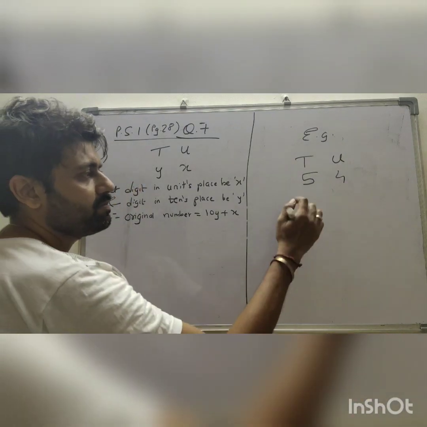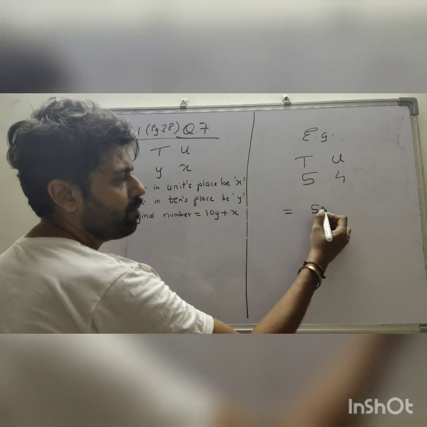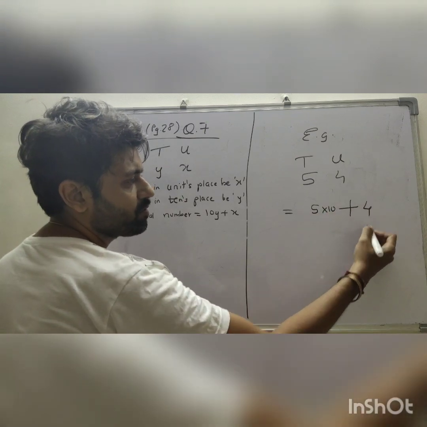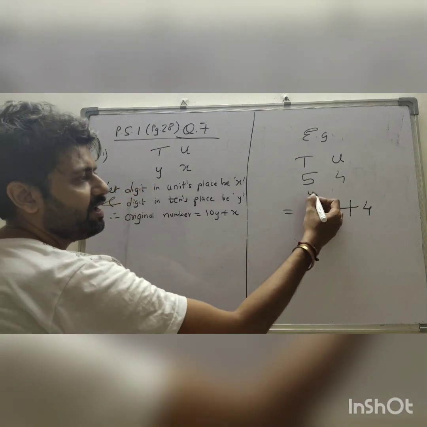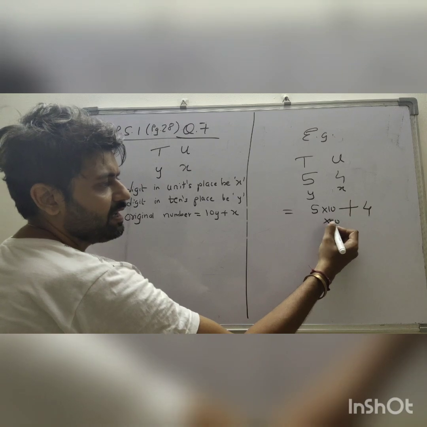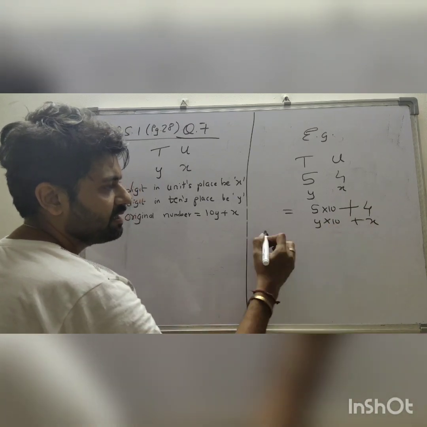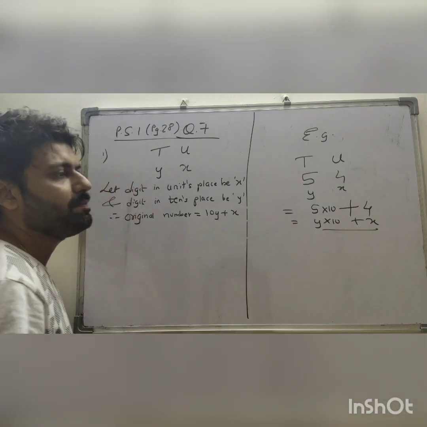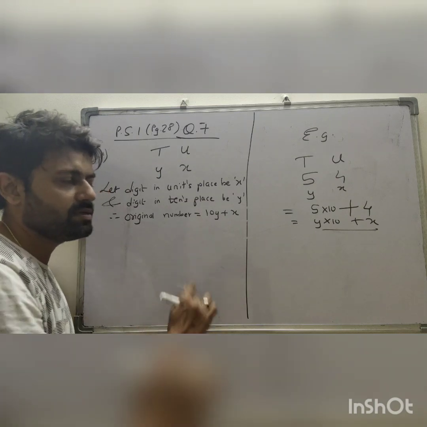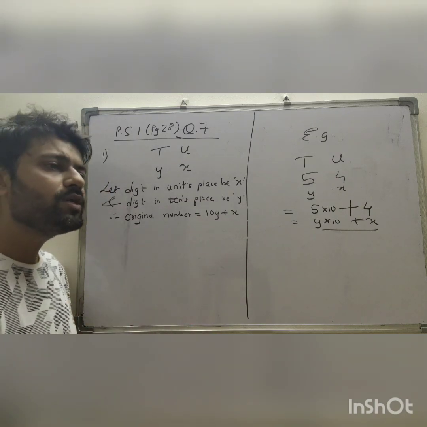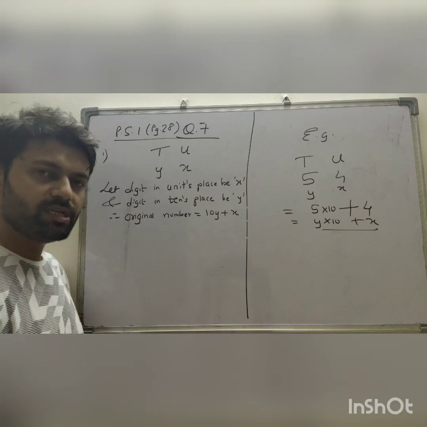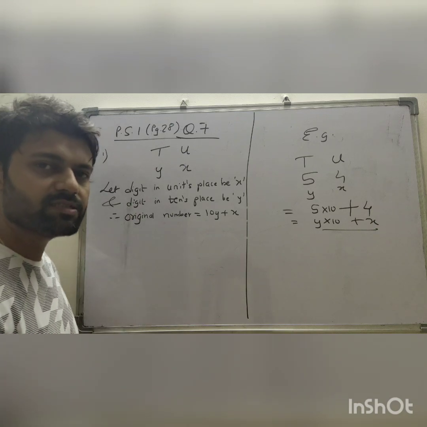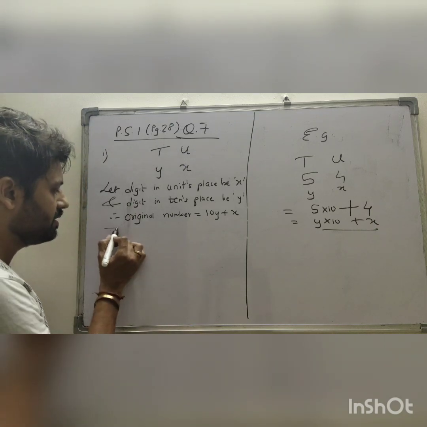I have written this number 54 in the form of 5 into 10 plus 4. We have y, we have x, we have written 10 into y plus x. Therefore, we get 10y plus x. This is the method. In a 2-digit number, mostly you will always be asked to interchange the digits.